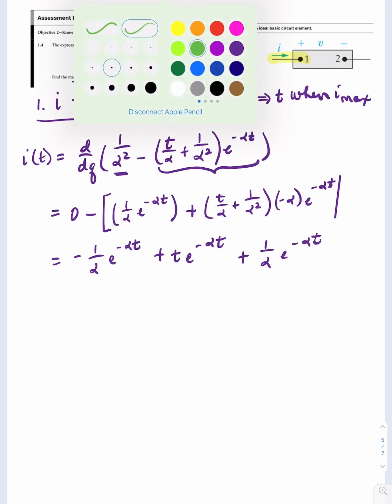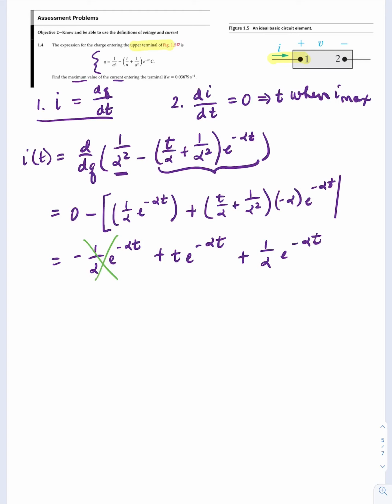And these guys cancel out. And we are left with I of t is equal to t e to the minus alpha t amperes. Okay, so that's our expression for current.